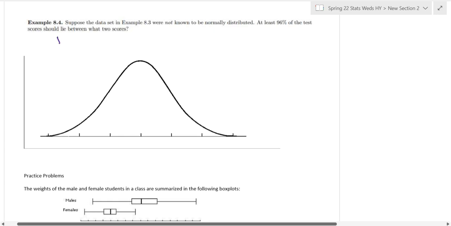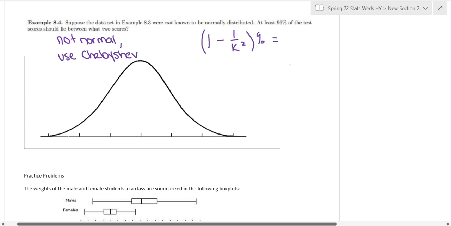So we say this is not normal. I think we only went to 89% when we were doing that. But we can look at this by just using the formula and reverse engineering it, right? So the formula is 1 minus 1 over k squared, as a percent, would give us the percentage. We want to find k now.